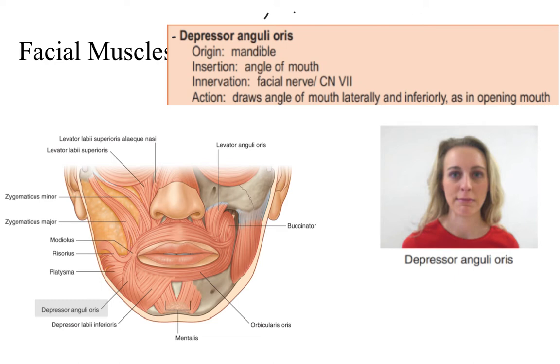So it would be taking the angle of the mouth downward. Here we see the Depressor Anguli oris. It's going from the mandible to the corner of the mouth, exactly where the name tells you it's going. And what it's going to do is take the angle of the mouth and draw it downwards, kind of making a sad face.